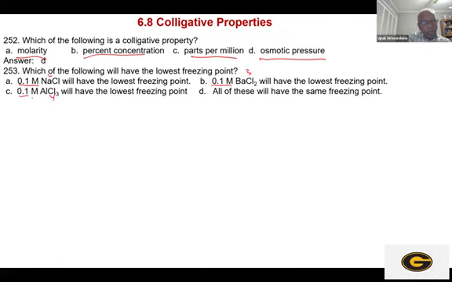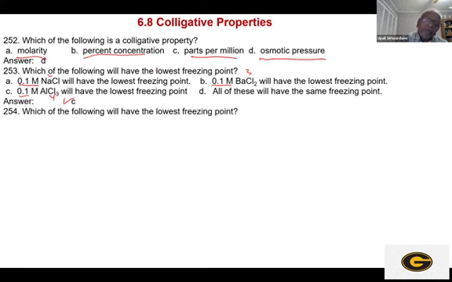Therefore, molarity times number of particles, colligative property depends on the number of particles. Therefore, aluminum chloride has the largest number of particles compared to the other 2. Therefore, answer is C.